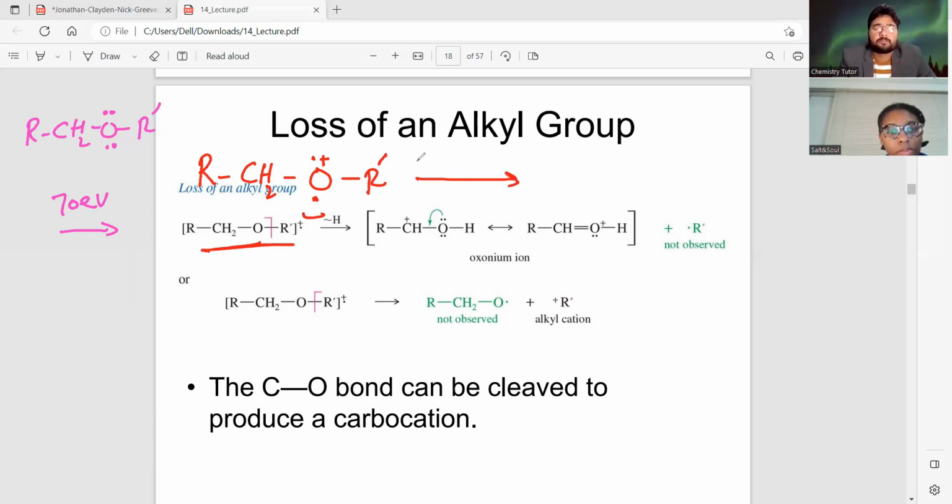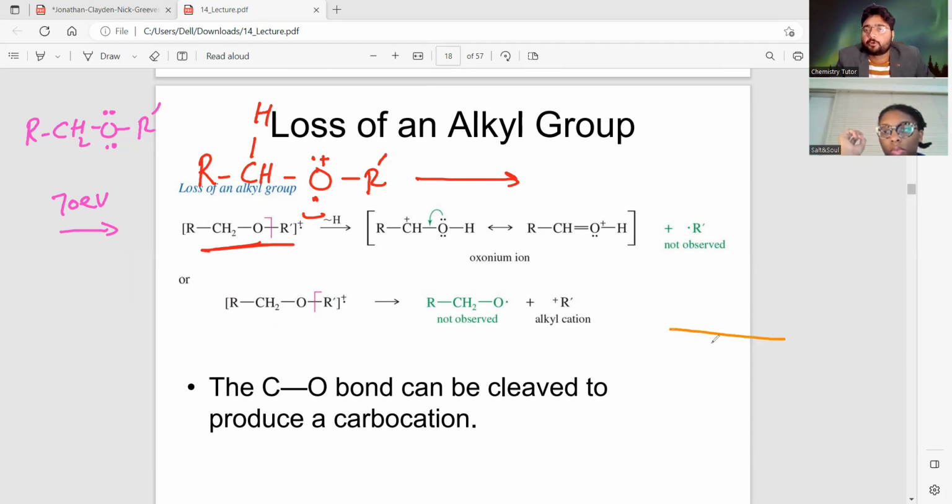In the next step, how can you draw the mechanism of this reaction? I am writing one hydrogen over here. How many electrons can a bond contain?